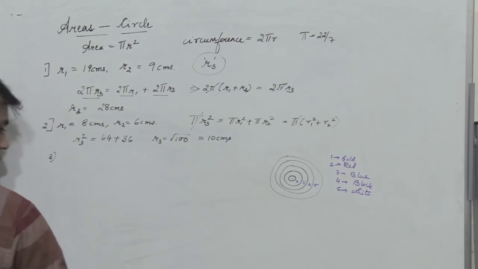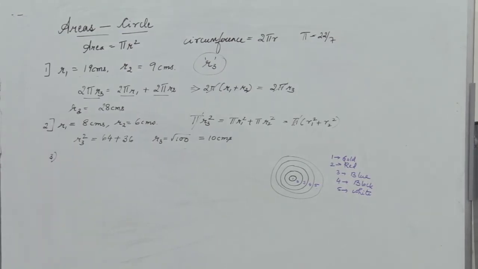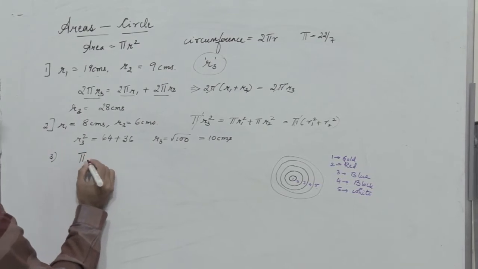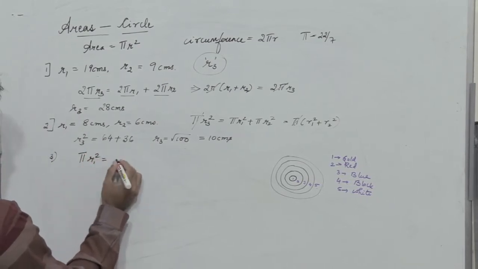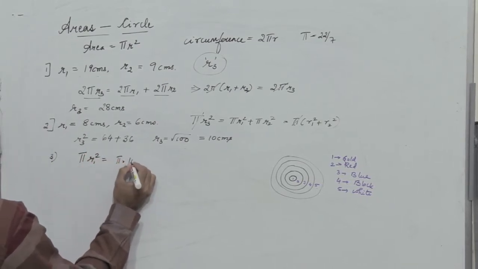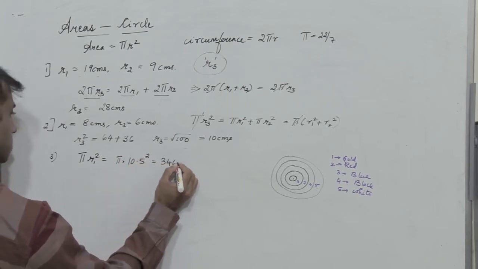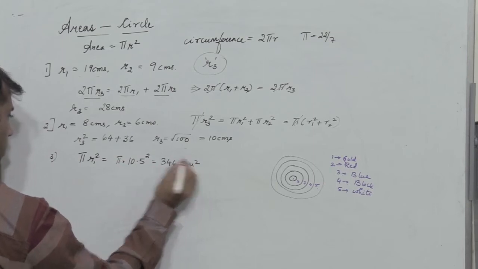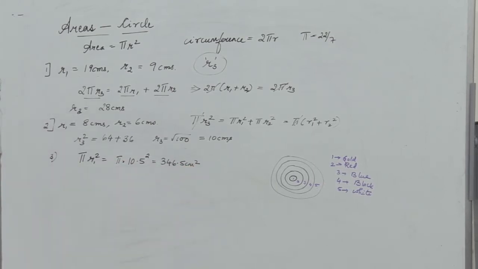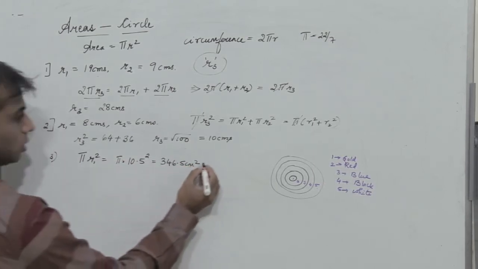The area of region 1 is pi r1 square. So it is pi into 10.5 square, which is 346.5 centimeters square. Right? So this is the area of the gold region.